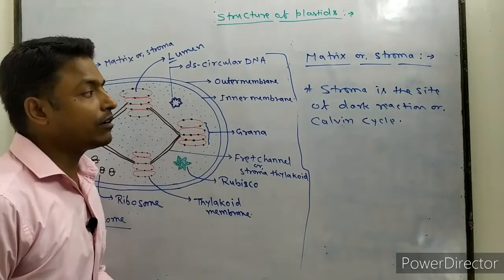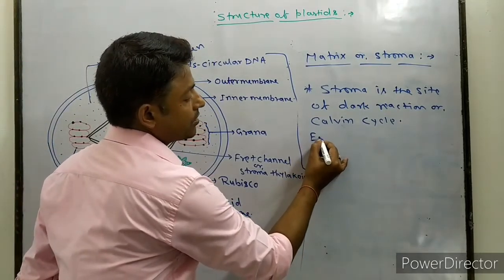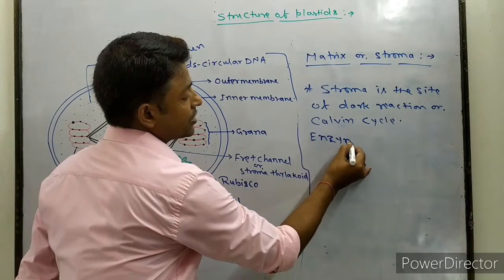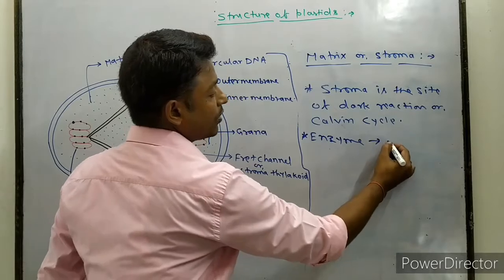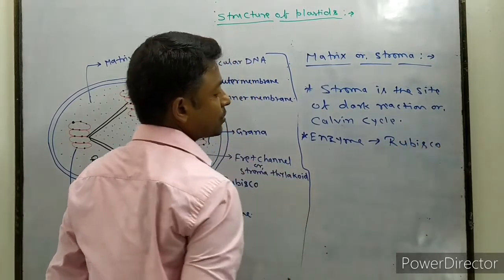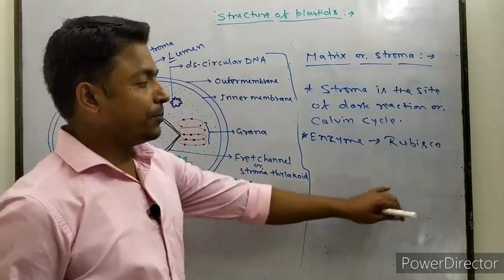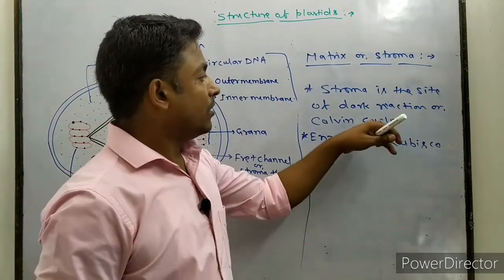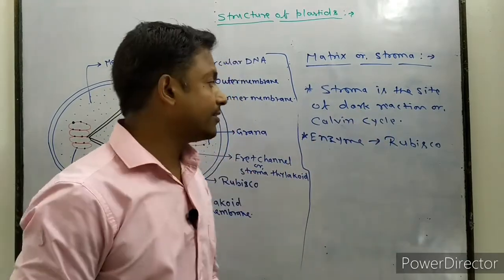In the stroma or matrix, the enzyme Rubisco is present. Due to the presence of Rubisco, it performs dark reactions or the Calvin cycle, right?